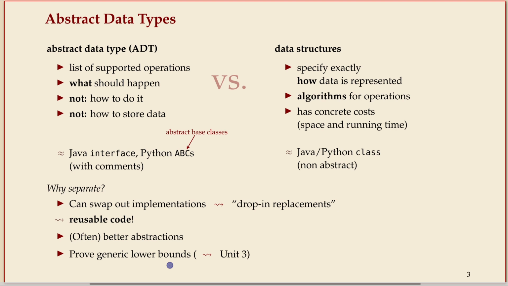A lower bound means you cannot possibly do better than a certain running time, for example. And we'll see an example for sorting that you've seen in undergrad classes if you've done those in computer science. But that's only really effective if you have a level of abstraction. So we'll come back to that, not so much today, but that's another advantage of staying a bit more abstract.